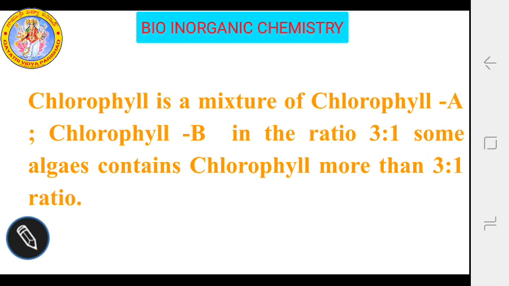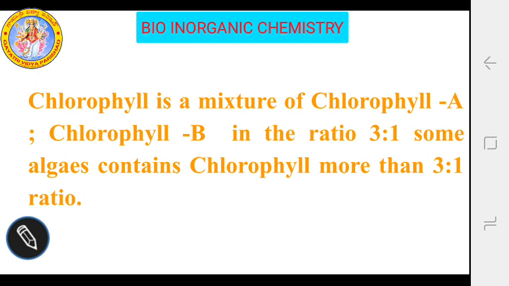Before the chlorophyll structure, chlorophyll is a mixture of chlorophyll A and chlorophyll B, and chlorophyll A is more than chlorophyll B, in the ratio 3:1.